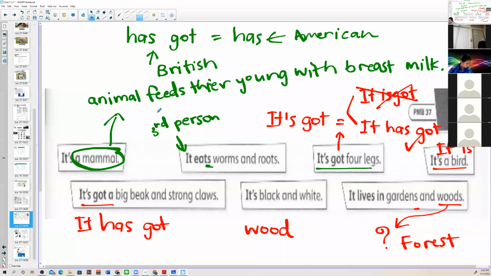Let me check. Right, I'm correct. Has got is the British way, and has is the North American way to say it.